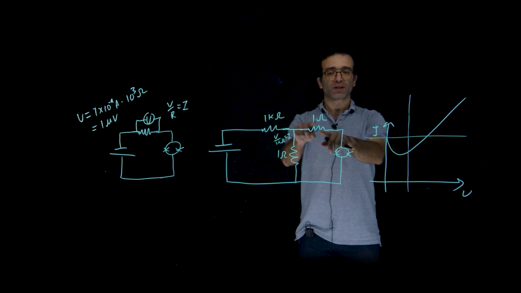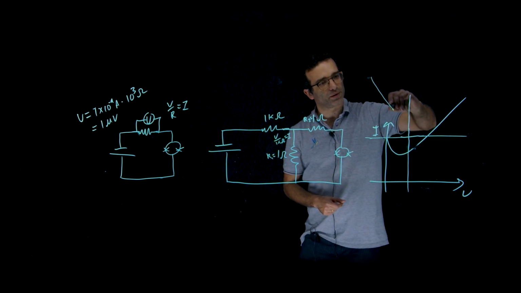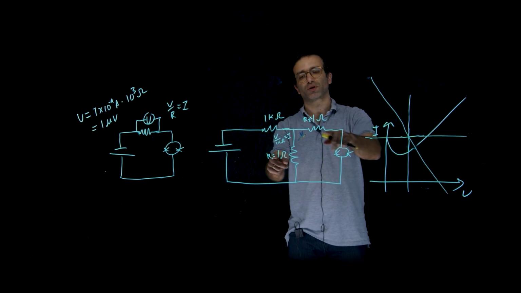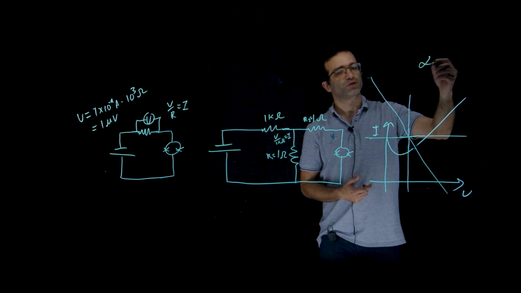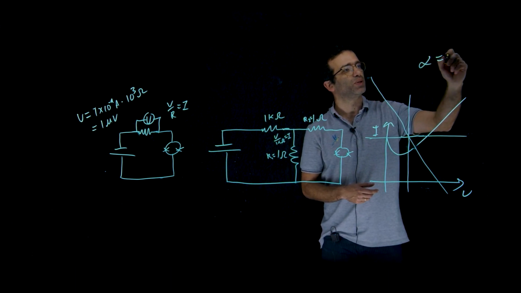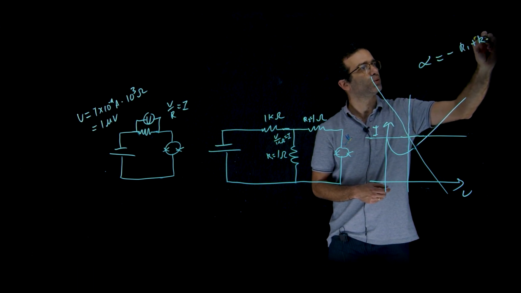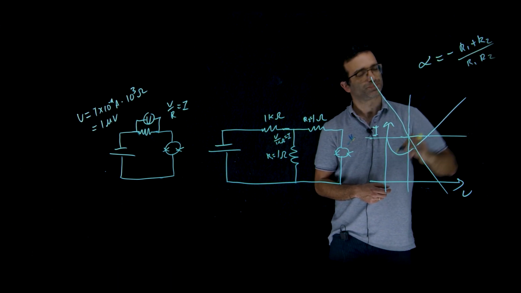And in this circuit, you can show that you're actually on a diagonal load line. The homework is to calculate the slope as a function of these two resistors. You can show that the slope of this line would be minus R1 plus R2 divided by R1 times R2.